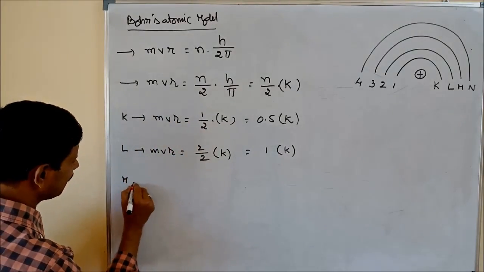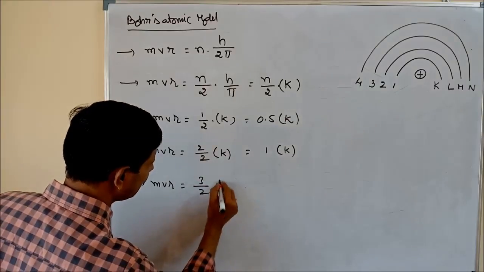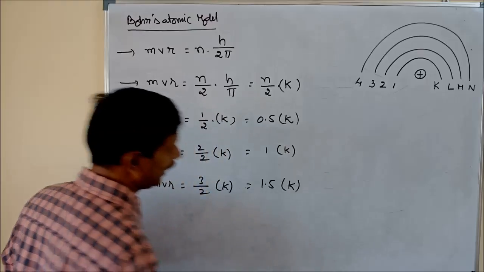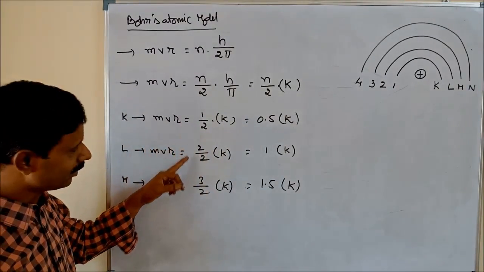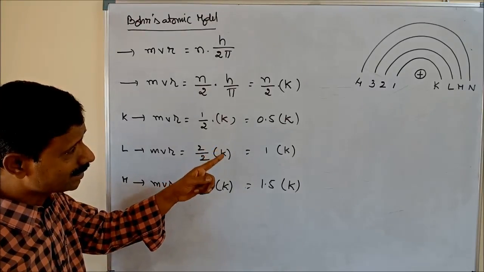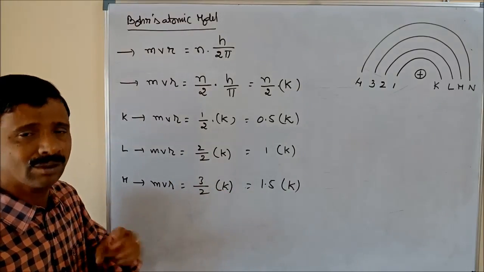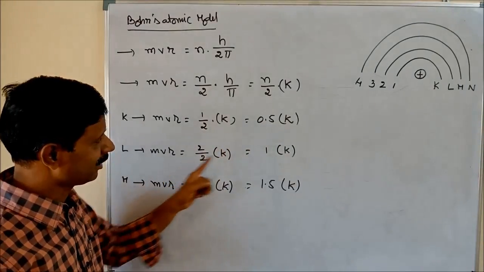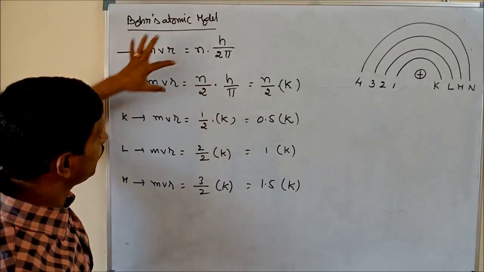And in M shell, means third orbit, mvr equal to 3 by 2 into k, which is nothing but 1.5 k. So like that, if the value of n goes on increasing, the angular momentum of the electron increases by a factor of 0.5. So that point you have to remember.